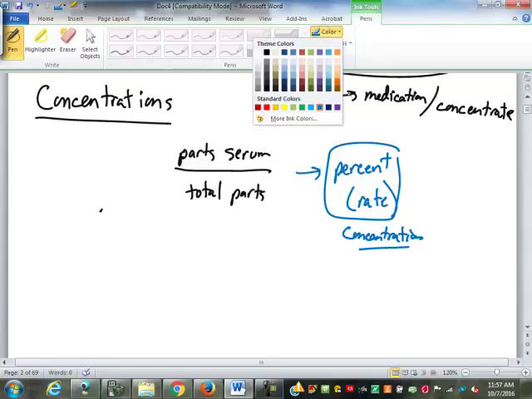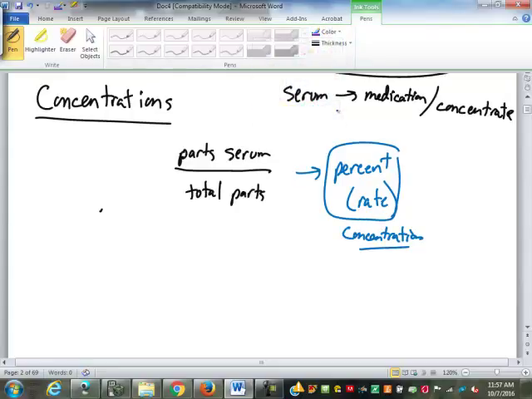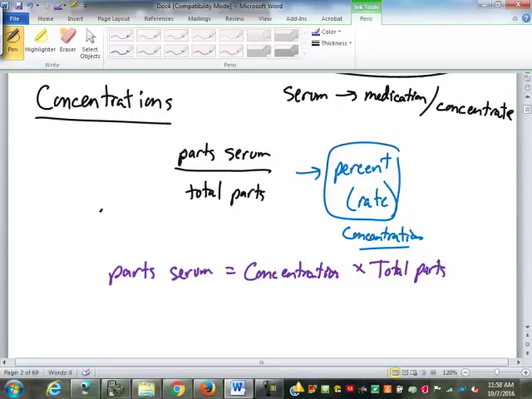Now with the algebra we've learned, we can move that around. What we used for those mixture problems was we multiplied both sides by total parts, and we got the parts of the serum, or the amount of the serum, is equal to that concentration times the total parts. Same formula, just adjusted around a little bit.